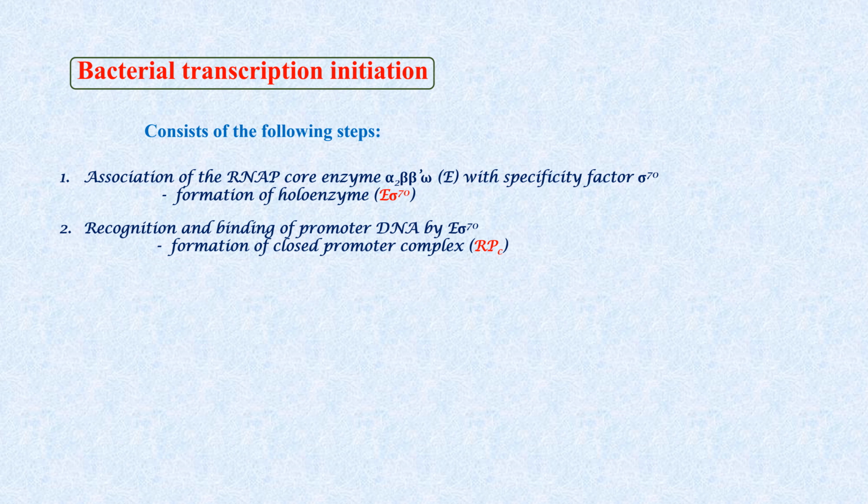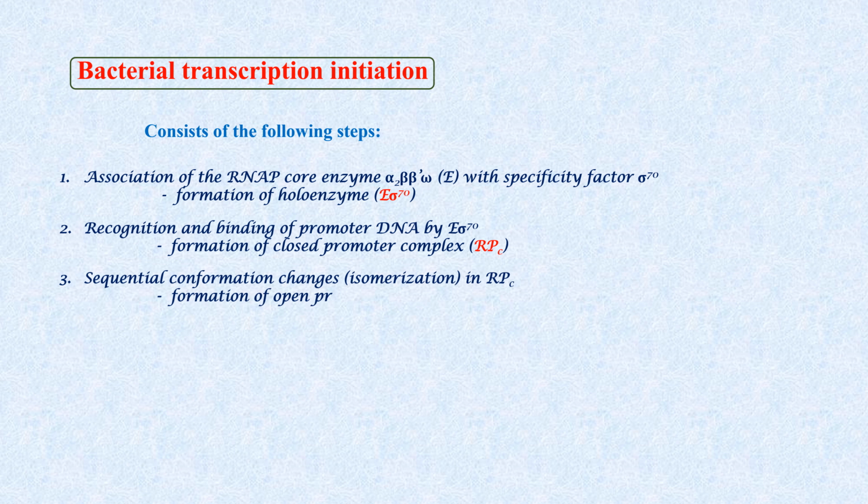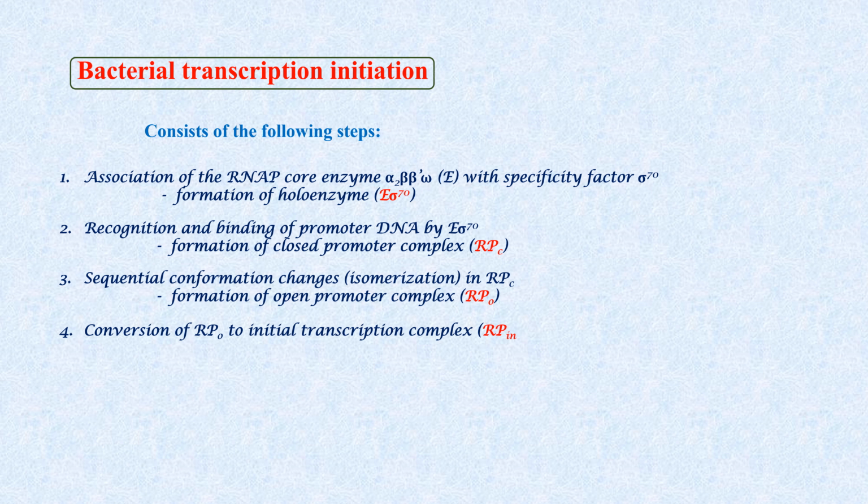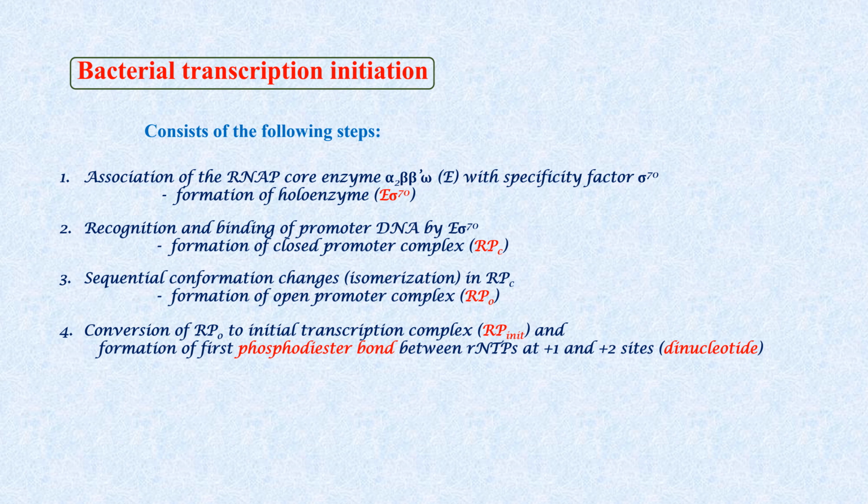What we are going to see next are the conformational changes, that is, isomerization in the closed promoter complex and formation of the open promoter complex, followed by conversion of the open promoter complex to the initial transcription complex and formation of the first phosphodiester bond between rNTPs at +1 and +2 sites.